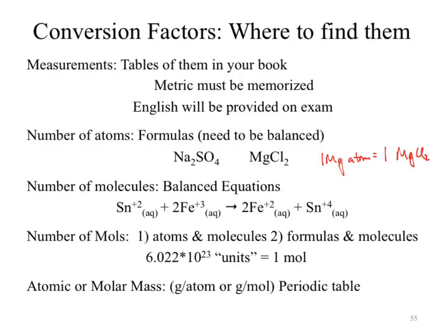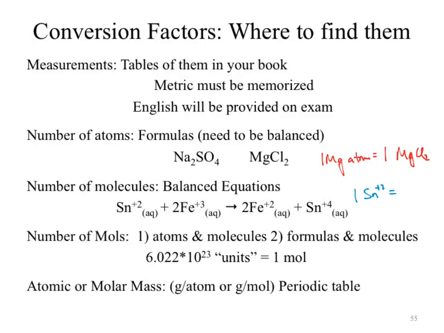1. Using the coefficients from the balanced equation, I again have a conversion factor that allows me to relate that. We could make it even fancier, and I can say, if I give you 1 tin plus 2, how many iron atoms are required to react?